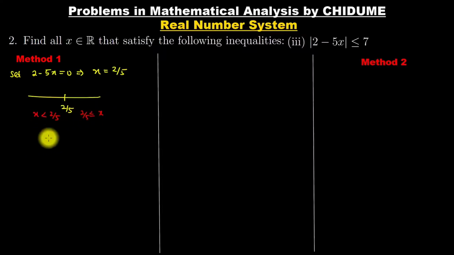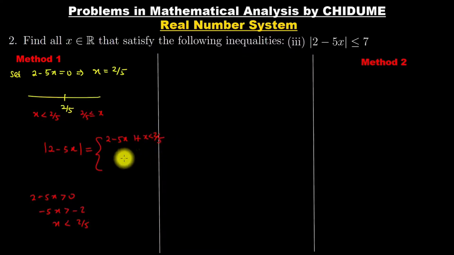Now let's write our absolute value of 2 − 5x out. This is going to be 2 − 5x, that's if 2 − 5x is greater than 0. If I solve this, I'm going to have −5x greater than −2. That means x is less than 2/5. So this is true if x is less than 2/5.